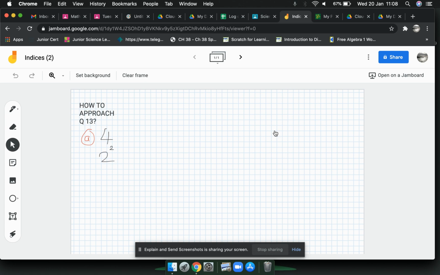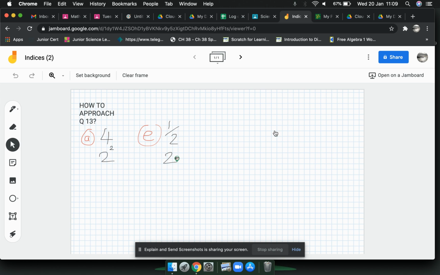But I want to show you maybe one that's a little bit more challenging. So let's have a look here at part E. How do I rewrite a half as 2 to the power of something? Well, first of all, we know we're definitely going to have 2.